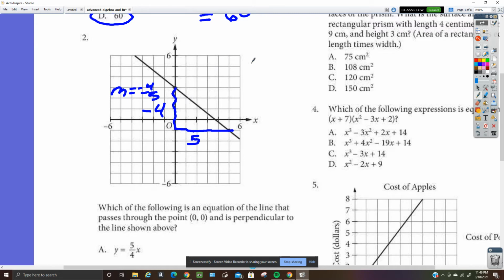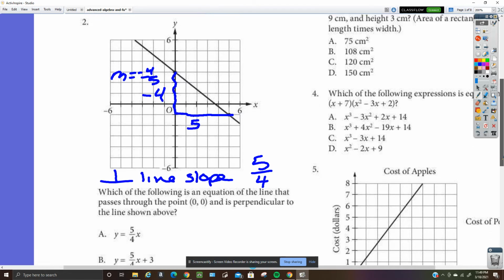The perpendicular line would be, the slope would be the negative reciprocal, which is 5/4.